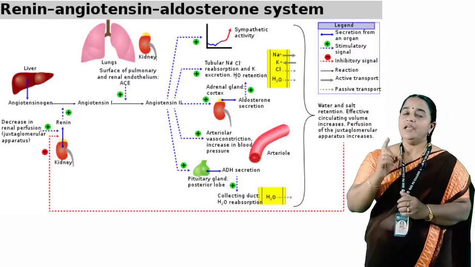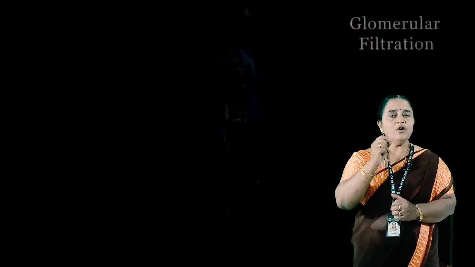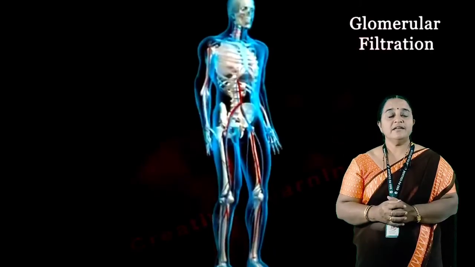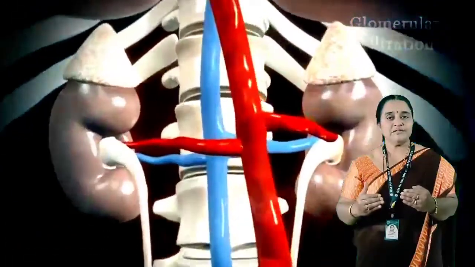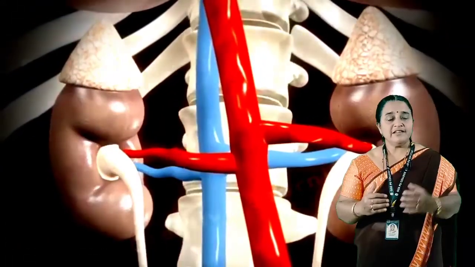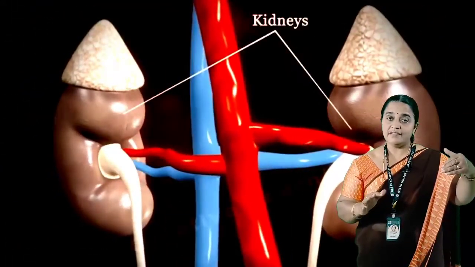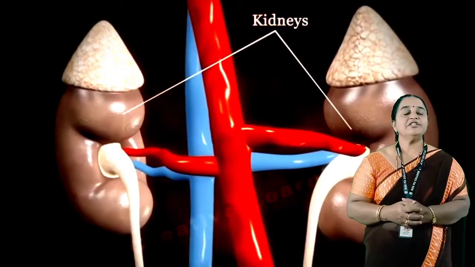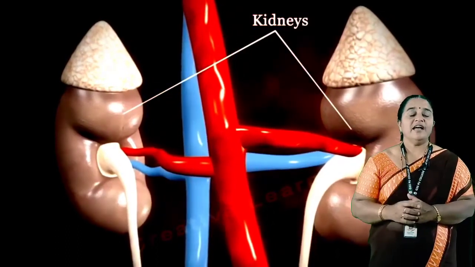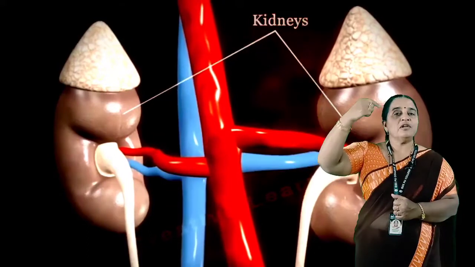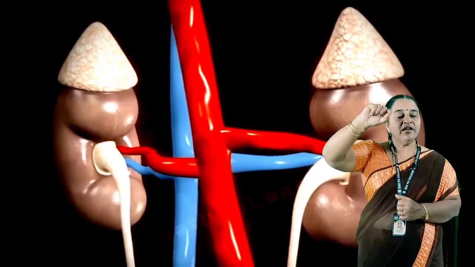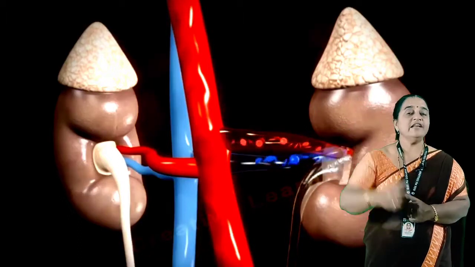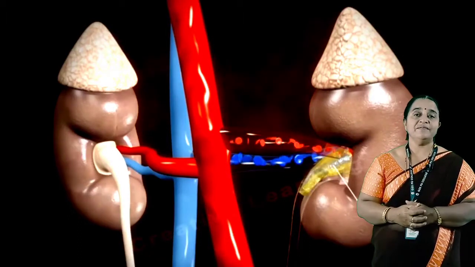Okay, imagine the glomerular capillaries are experiencing less blood pressure. When blood pressure is less, it means incoming blood is less, so naturally filtration is affected. At that time, the juxtaglomerular apparatus, which holds the afferent arteriole and one limb of the DCT, secretes a hormone called renin.